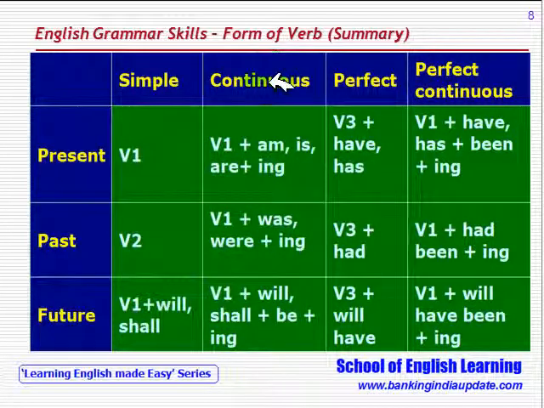In continuous, in present, first form plus am or is or are plus ing. For past, first form plus was or were plus ing. For future, first form plus will or shall plus be plus ing.